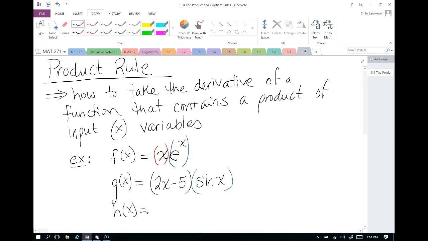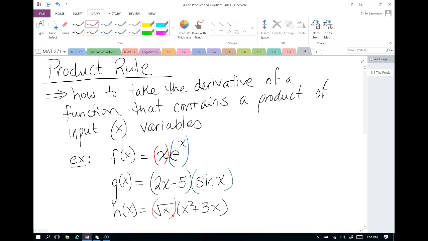One more really quick. The square root of x times x squared plus 3x. So we could, if you want to, put parentheses around our square root.